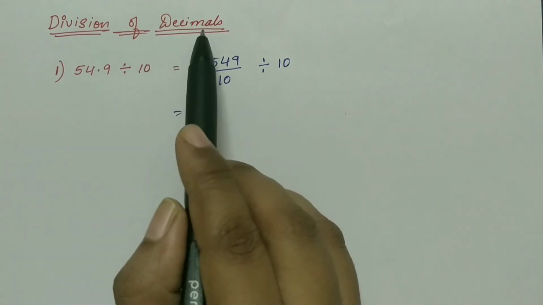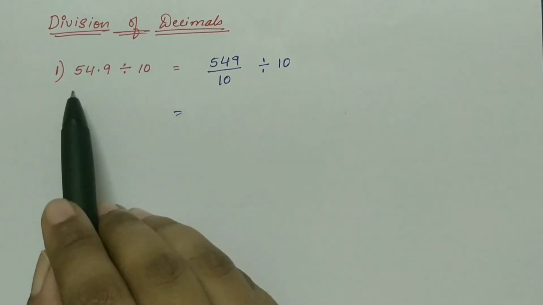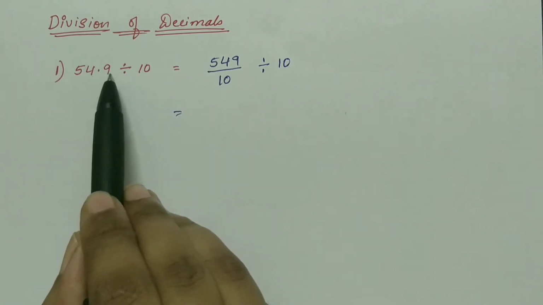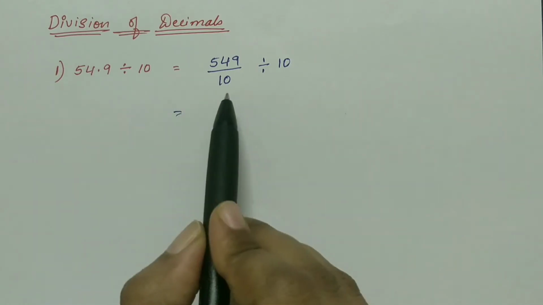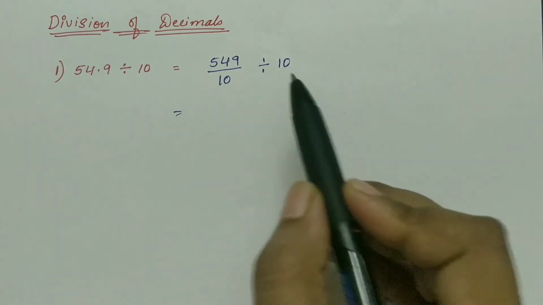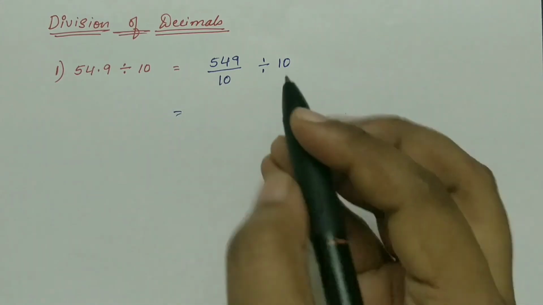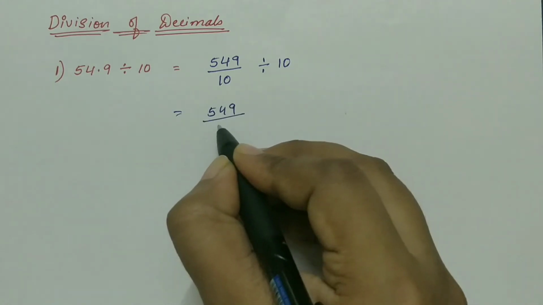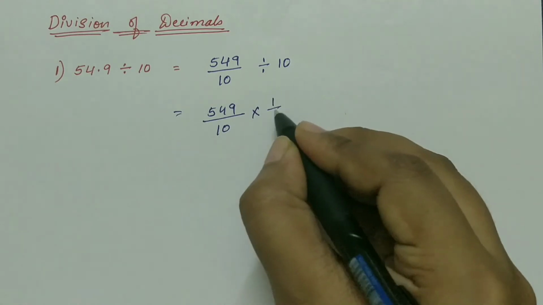Division of decimals. First one, 54.9 divided by 10. Convert this decimal into fraction. 549 divided by, here one digit, so 10, and divided by 10 divided by 10. This can be written as 549 divided by 10 into reciprocal of 10, 1 by 10.